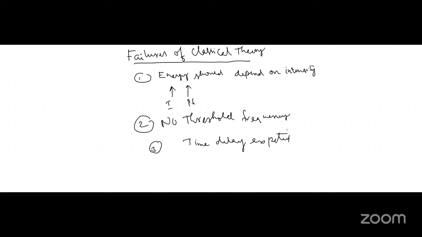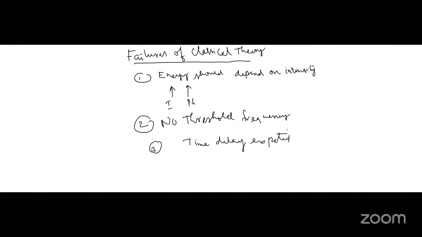In 1905, Albert Einstein proposed a revolutionary explanation based on Max Planck's quantum hypothesis.